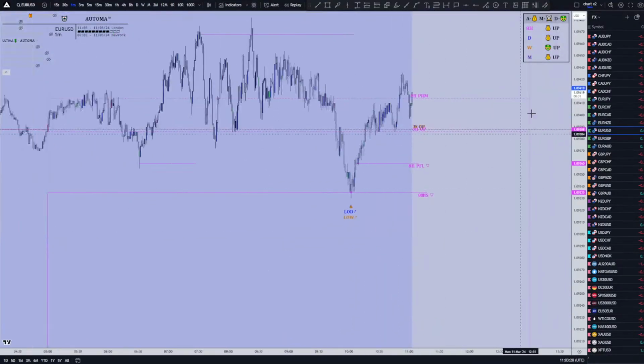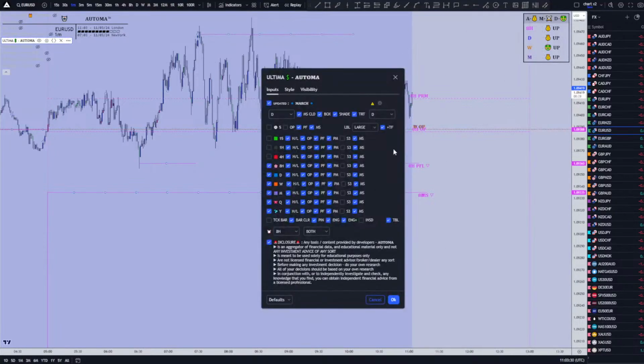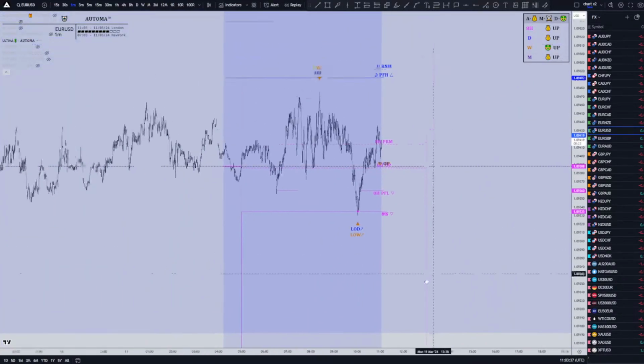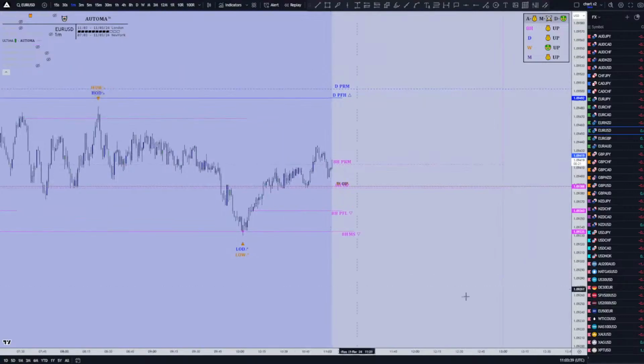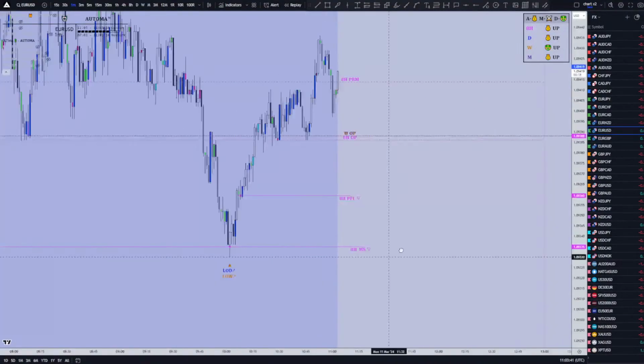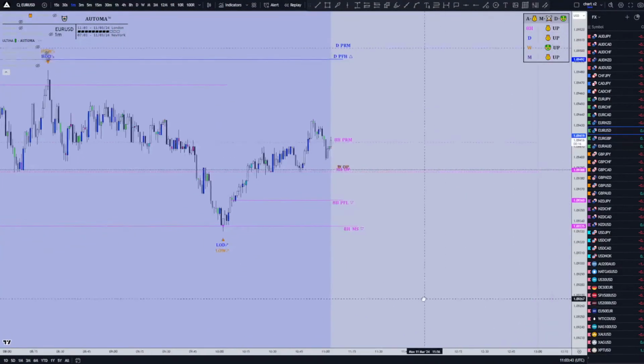Regarding managing the trades, we use a partial risk-free risk management method, which basically means you're closing half of your position at break-even stage.